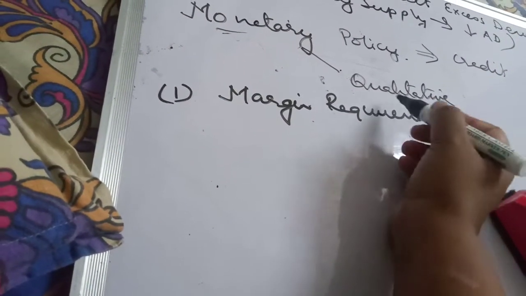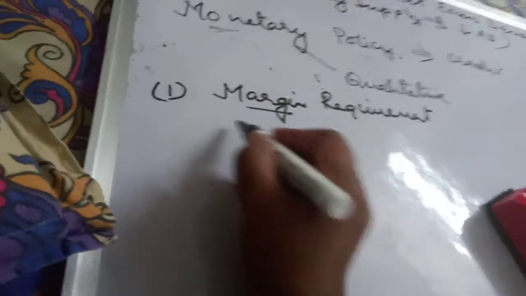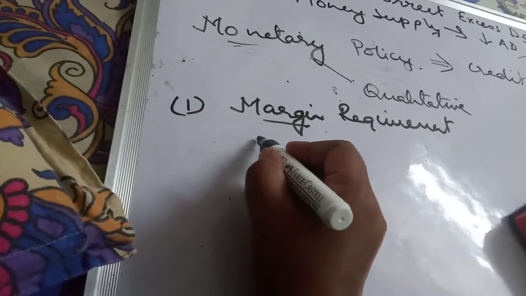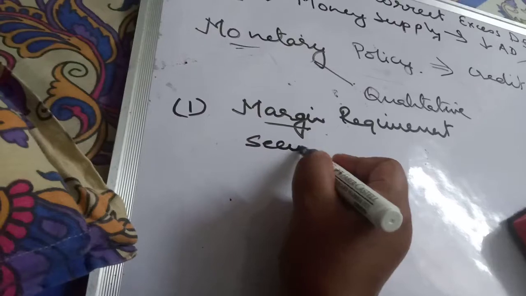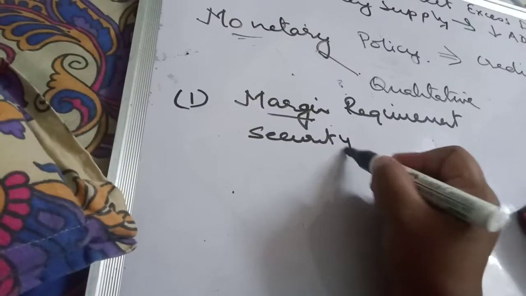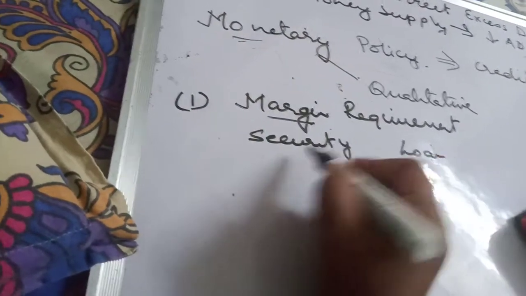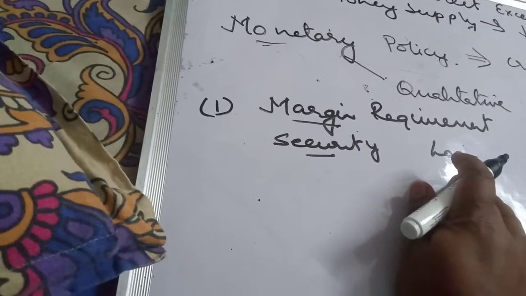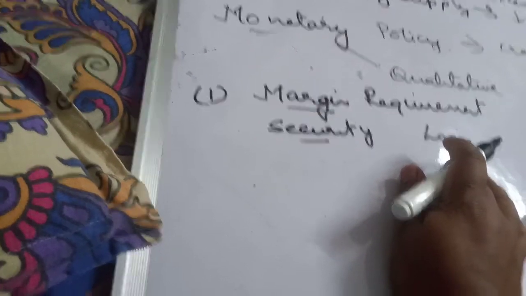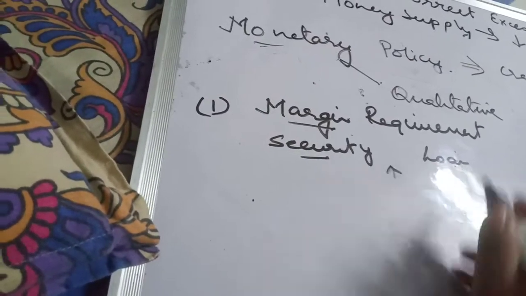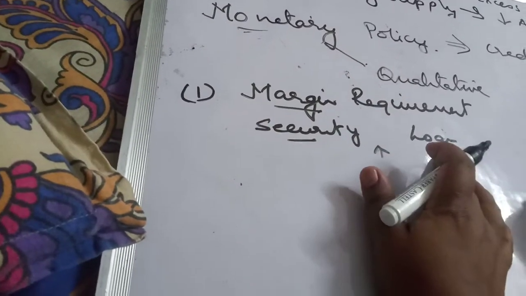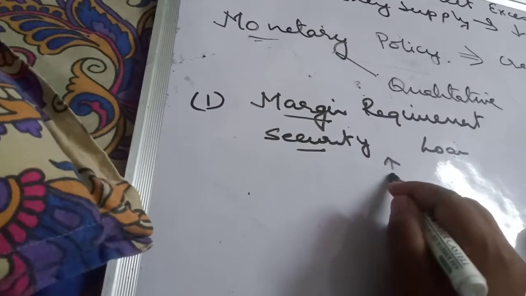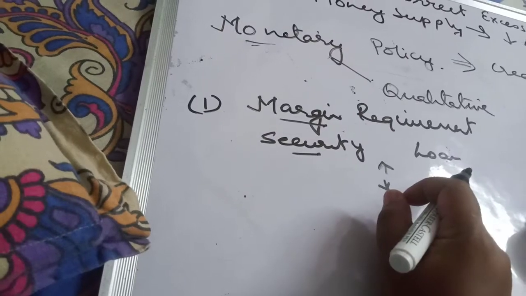Now what is this margin requirement? Margin is actually the difference between security value and loan, and this security is always going to be greater than the value of the loan. Now if this margin is high, this means that the loan is expensive. If the margin is less, loan is cheap.